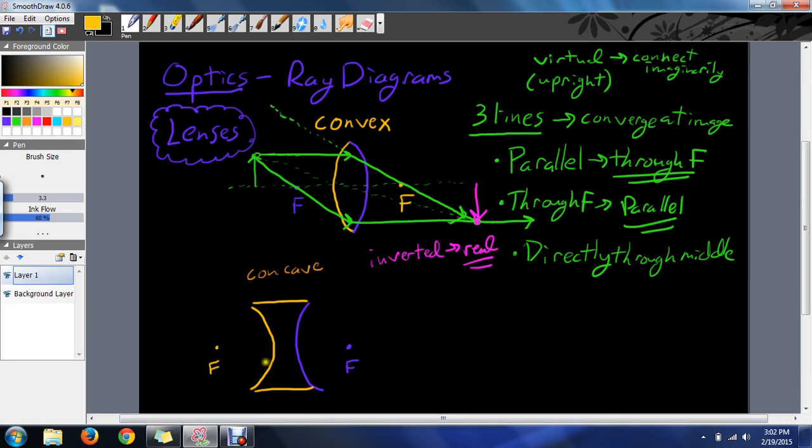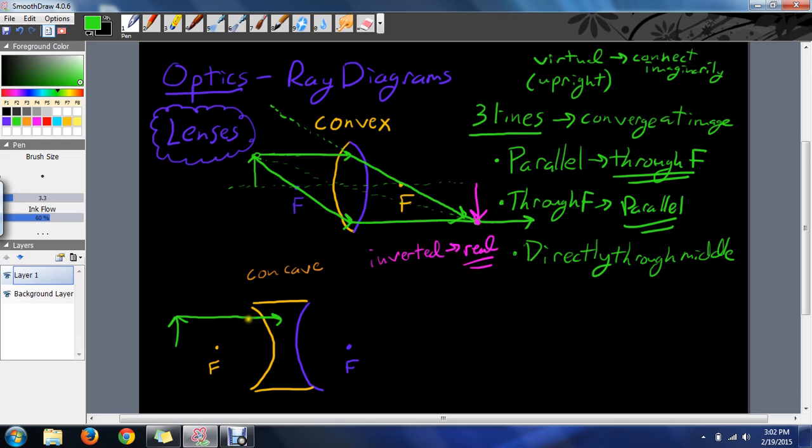This will diverge the light such that if we have an object somewhere over here, light that goes in parallel will pass through the focus, but imaginarily, because it has to go through a lens.